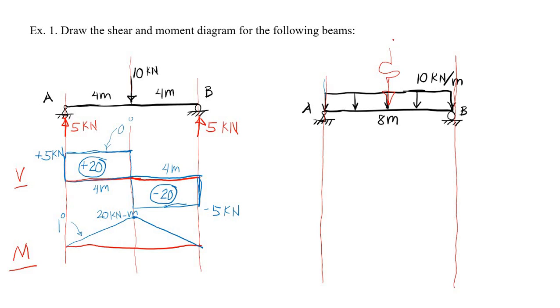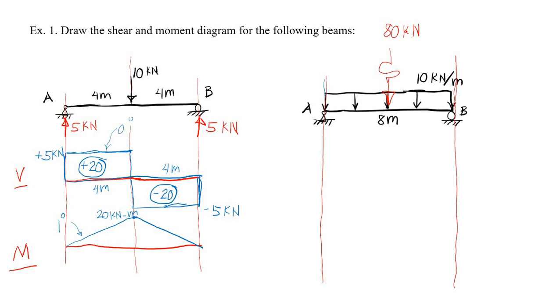Representing with our resultant load, we have 10 times 8, which is 80 kilonewtons, acting at the centroid of our uniformly distributed load.